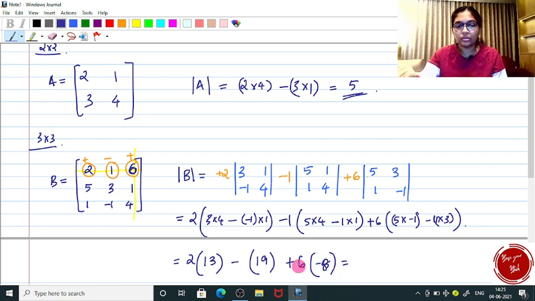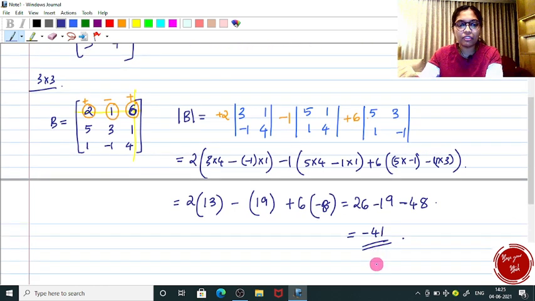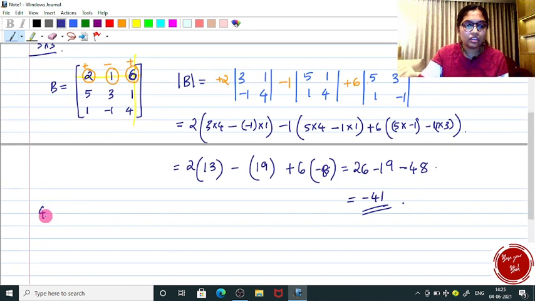So, 2 into 13, 26, minus 19 minus 48. What is that value? 26 minus 19, you will get 7, and 7 minus 48, you will get negative 41 is the determinant value.